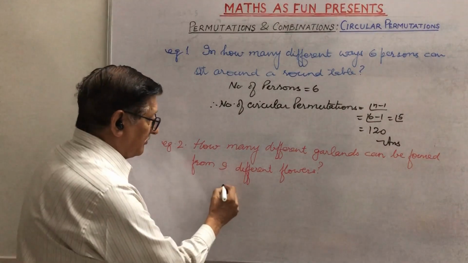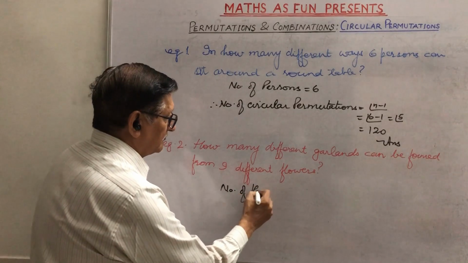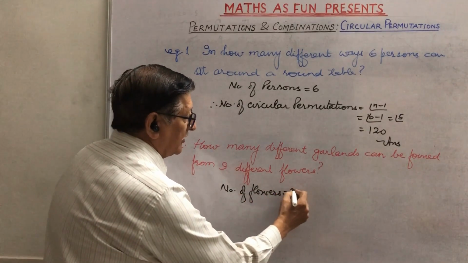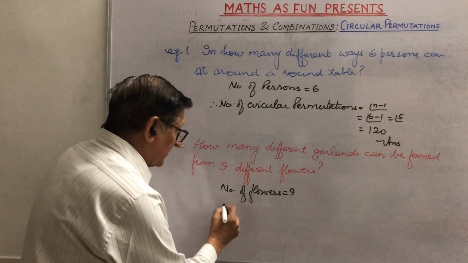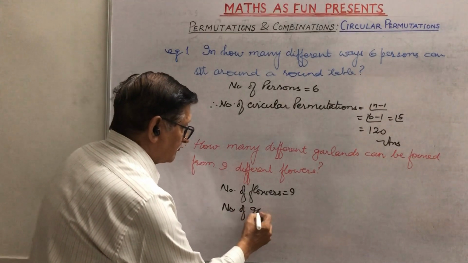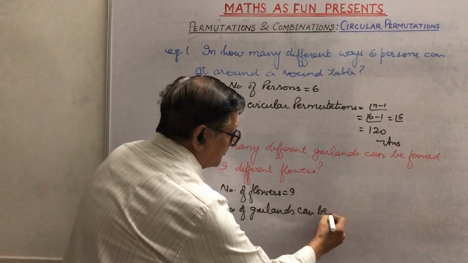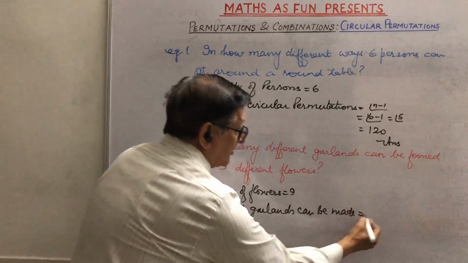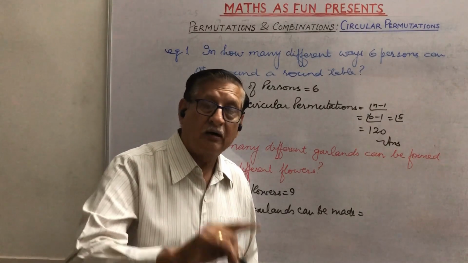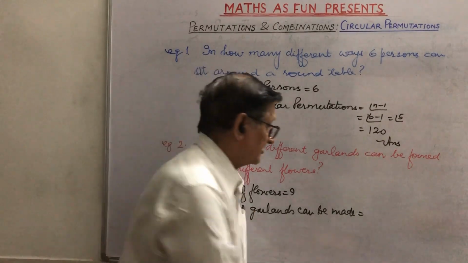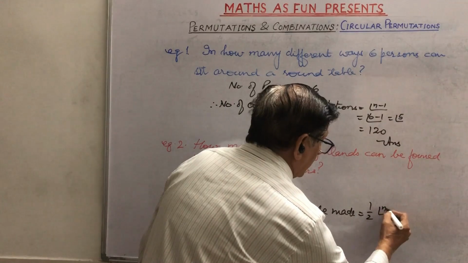9 different flowers. Number of flowers we have is 9. So the number of garlands which can be made will be what? The formula is half into factorial n minus 1.